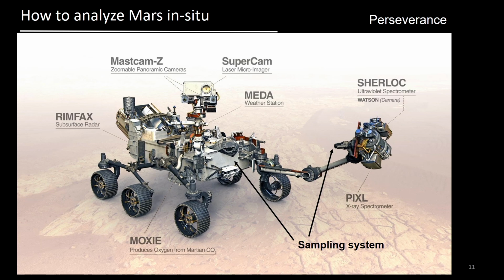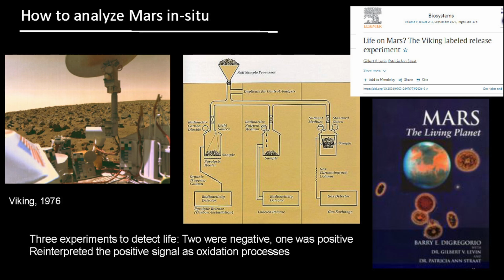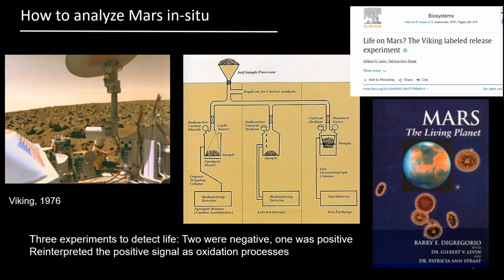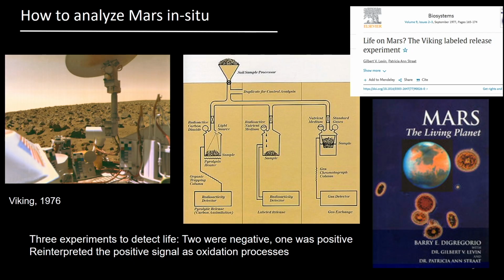Okay, so that's how we work with rovers, and all the instruments work in concert to analyze the rocks in the surroundings of the rover. And the one thing I should have said earlier is that, unlike Viking, which landed in plains which are really volcanic plains, with a lot of regolith, not very interesting from a geological perspective on sediments, the sites selected for the rovers are very interesting for sediments because those sites have been selected thanks to morphology and to the presence of aqueous minerals from orbital data.